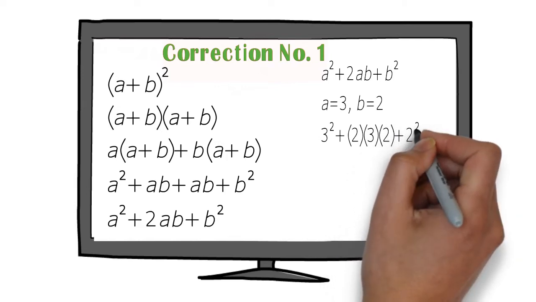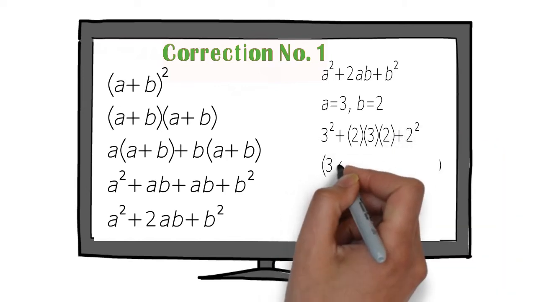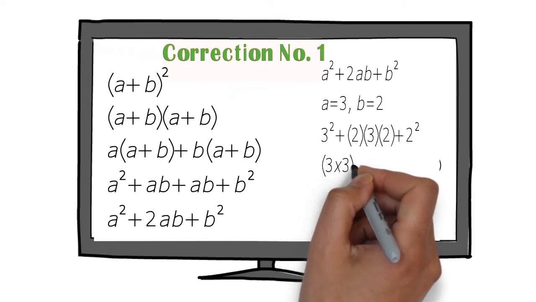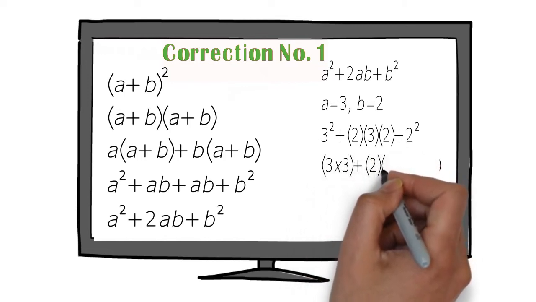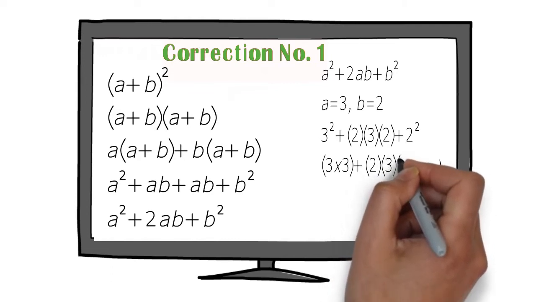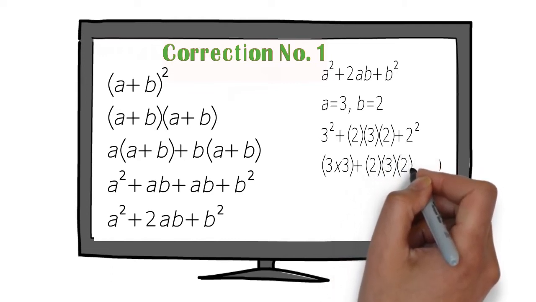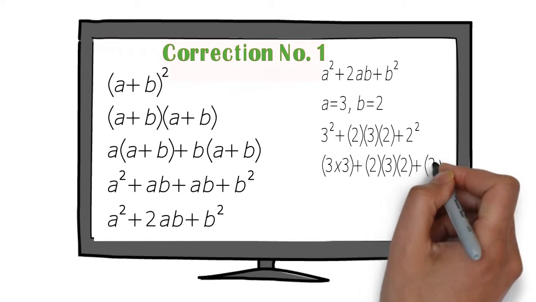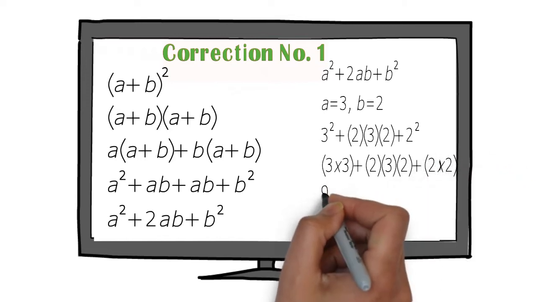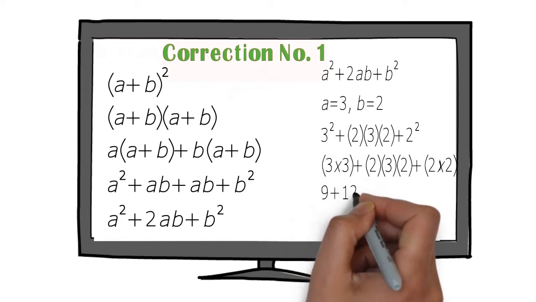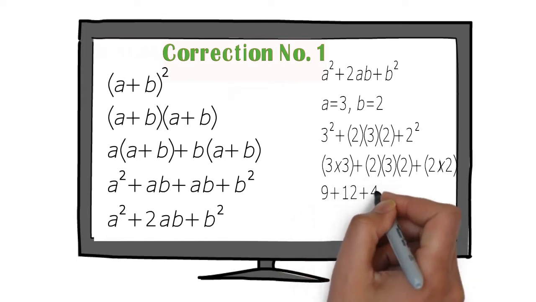That gives 3 times 3, which is 3 square, plus 2 times 3 multiplied by 2 plus 2 multiplied by 2. Now 3 times 3 is 9 plus 12 and plus 4 to give us 25.